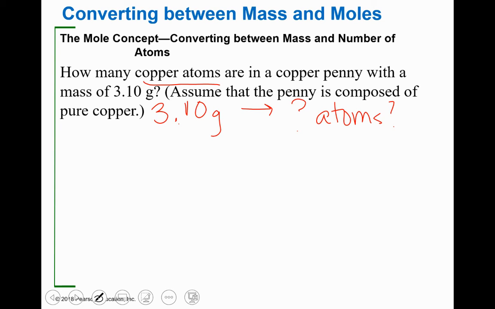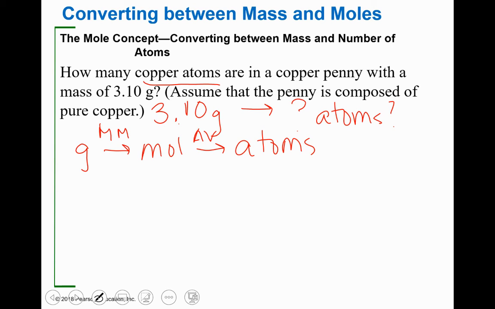I first have to go to moles. So my conceptual layout here is I'm going to go from grams of copper to moles of copper to atoms of copper. And what I'm going to use to go from grams to moles of copper is the molar mass. And then from moles to atoms of copper, I'm going to use Avogadro's number. And I'm just going to write AV right there for that.